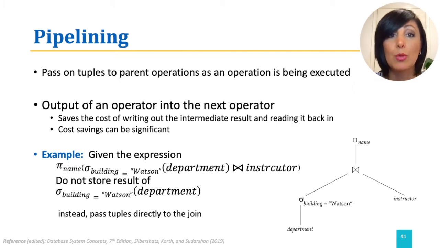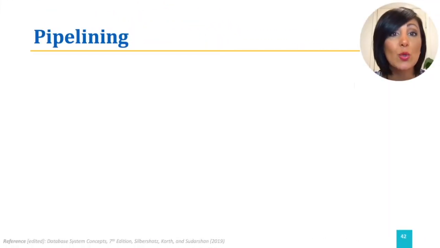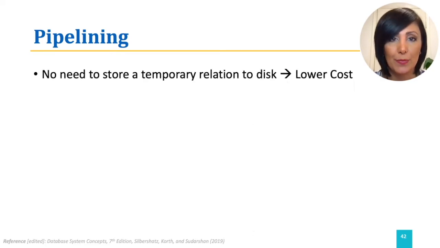Instead, we provide it directly to the join. The same applies to the result of join and providing it to projection. Not needing to store a temporary relation to disk causes the cost of evaluating an expression to be lower.